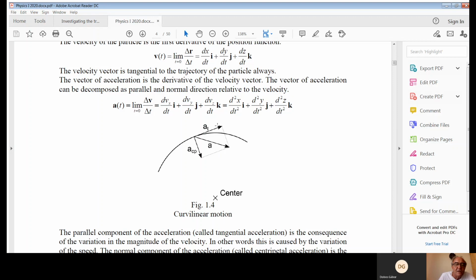This is the normal, the centripetal or normal direction, and this will be the tangential direction acceleration. These two combined give us the total acceleration.